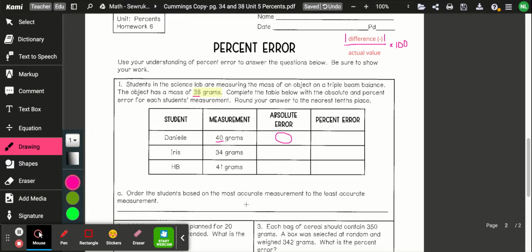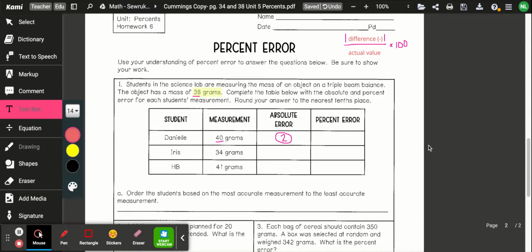I will do the first one with you. 40 minus 38, I could do it in my calculator or I could do it in my head. I get 2. Remember, you can do 38 minus 40. In your calculator, you will get -2, but the absolute error is always a positive. So you will always get a positive number for the absolute error.